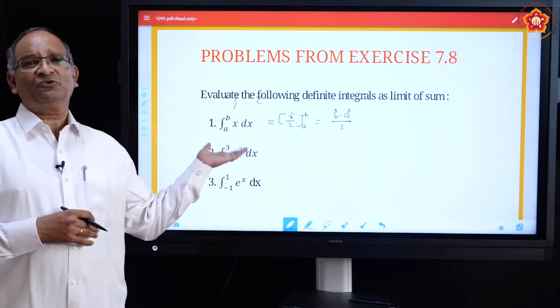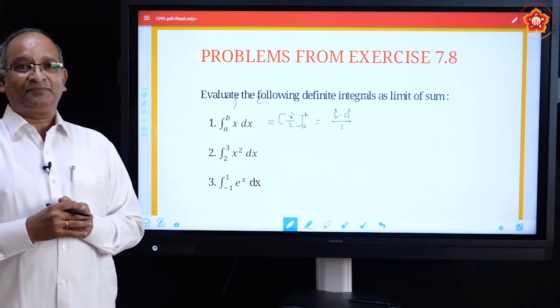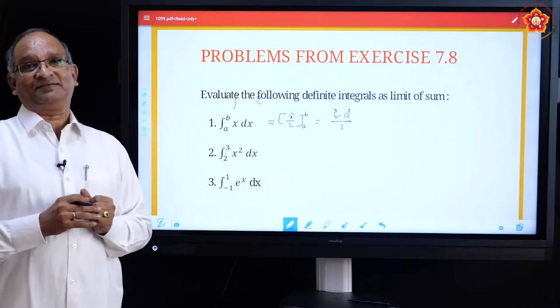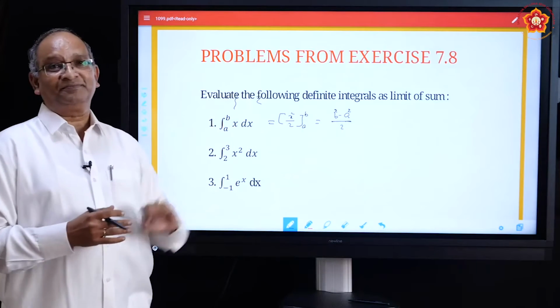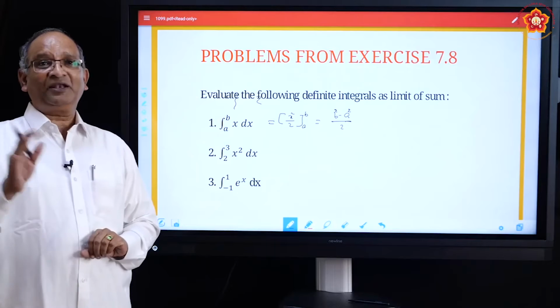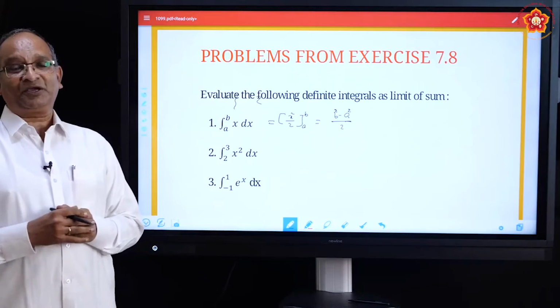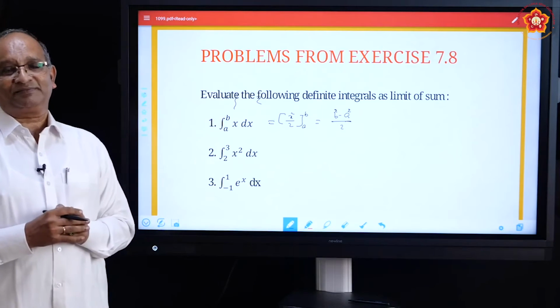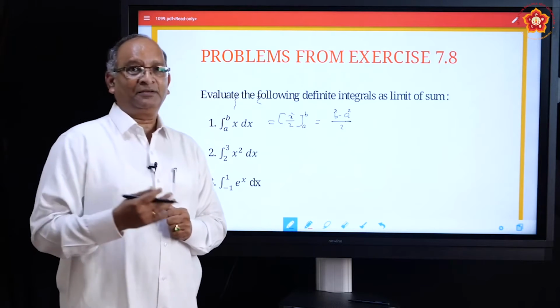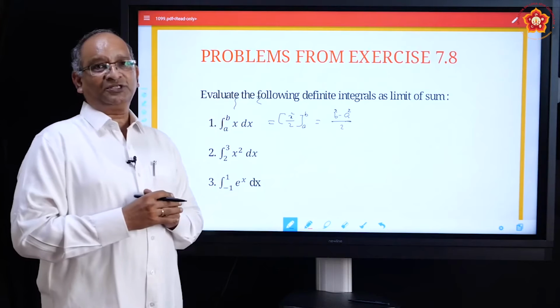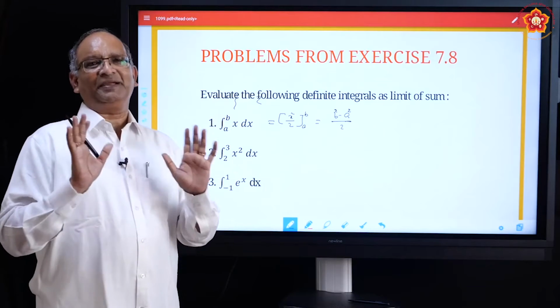In that case, it is only a 1 mark question. So based upon marks, we have to solve. If it is a 5 marks question, you cannot do like this. You may or may not be given even 1 mark also, because he is not expecting you to do by this. Okay? So let us proceed and try solving these questions one after the other with little bit of patience.